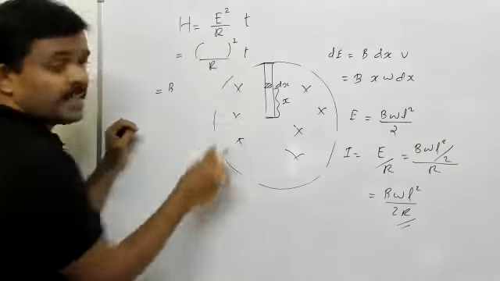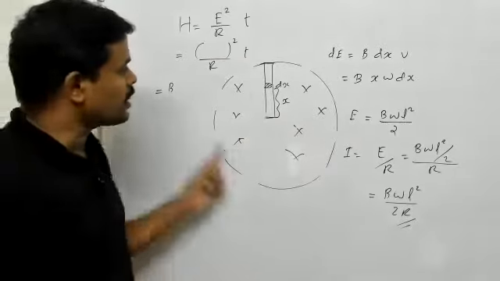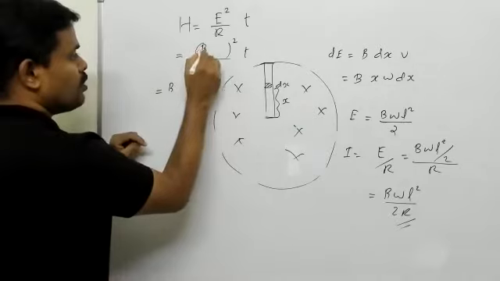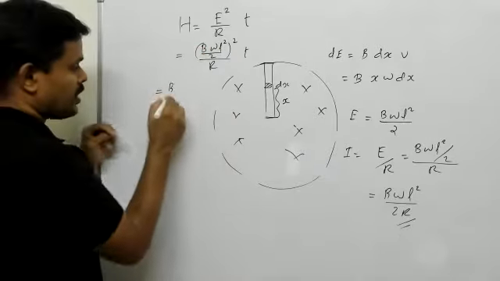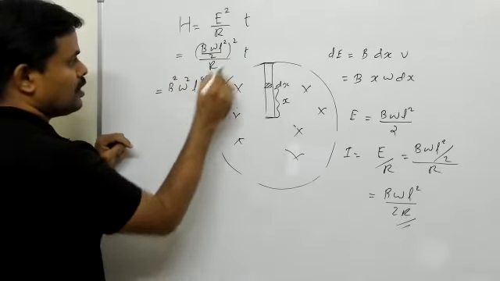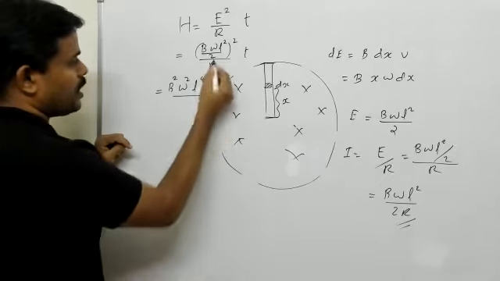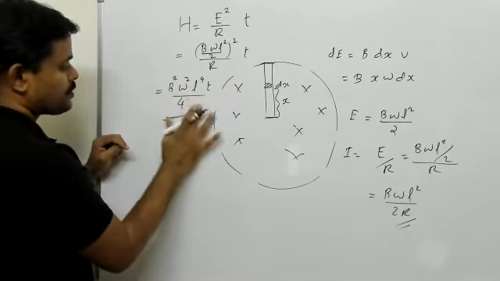It is not BLV. That is for a conductor moving in a straight line, but this conductor is rotating. So the EMF is B omega L square by 2. When you take the square of it, you get B square omega square L raised to 4 into T divided by 2 square, which is 4 times R. That will be the final answer.